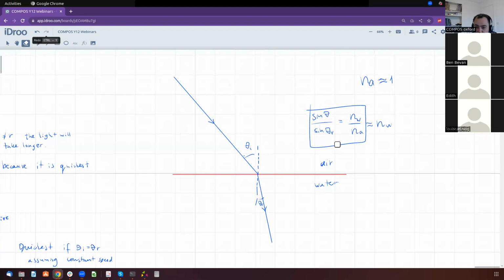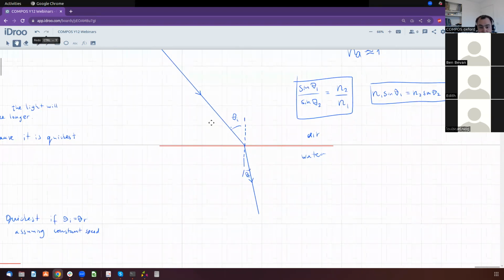And it doesn't have to be incidence and refraction. We'll say it's theta 1, theta 2, N2, N1. Another way of writing it is N1 sine theta 1 equals N2 sine theta 2, where N1 and N2 are the refractive indices.